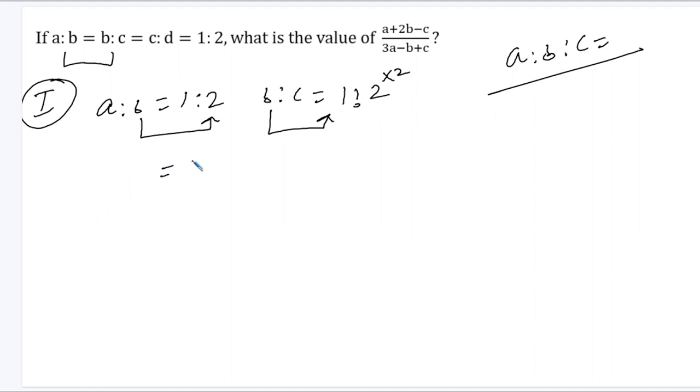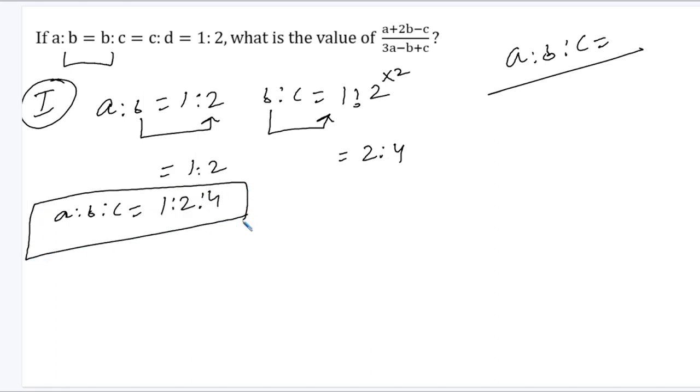So this remains 1 is to 2 and the second one becomes 2 is to 4. Now b is the same in both ratios, so we can simply combine. It will become a is to b is to c equal to 1 : 2 : 4. Now you can substitute a = 1, b = 2 and c = 4. d is not required because d is not in the expression. Otherwise we can combine c to d as well.